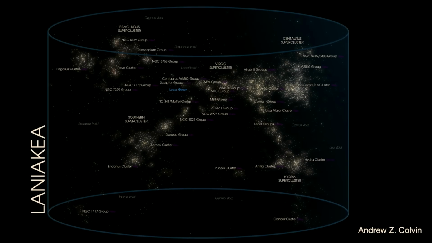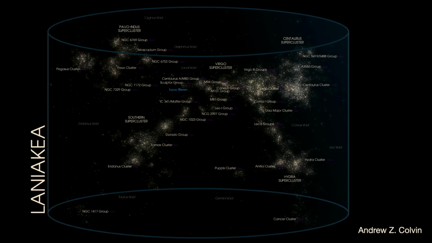The name of our supercluster is called Laniakea, which is a Hawaiian word that means immense heaven. And you can see why the Polynesians of yesteryear would make the association of immense sky. Not that they could observe this, of course, years ago.